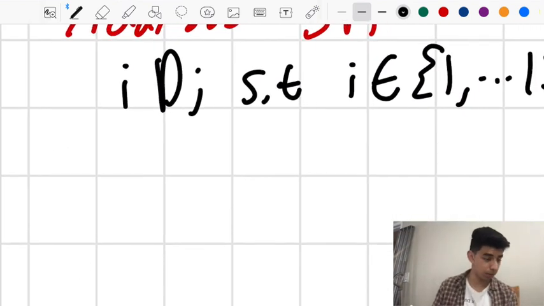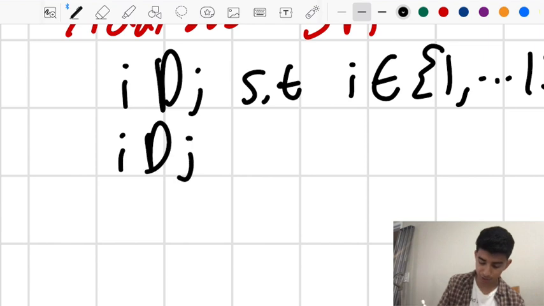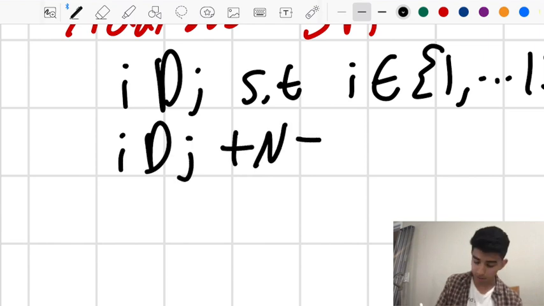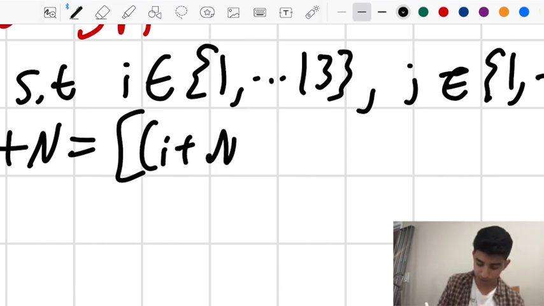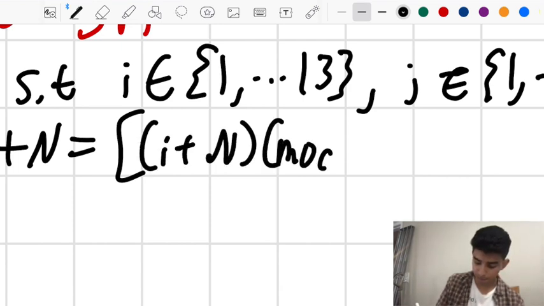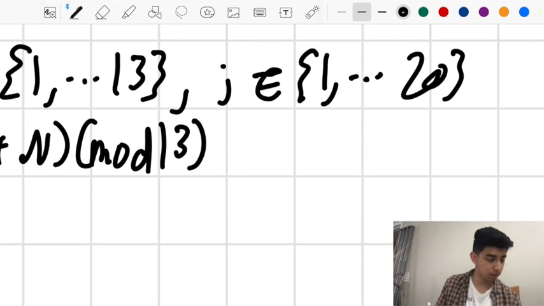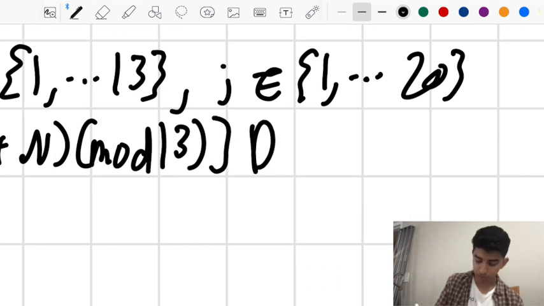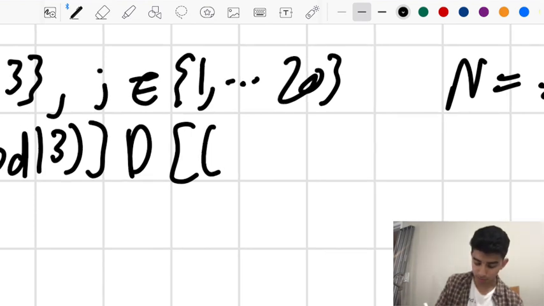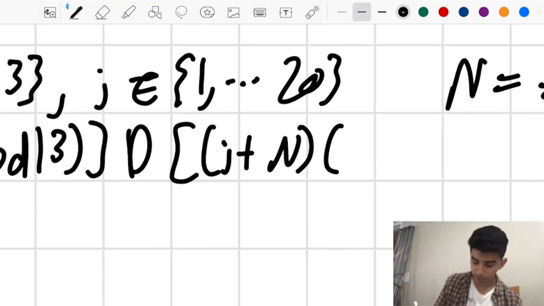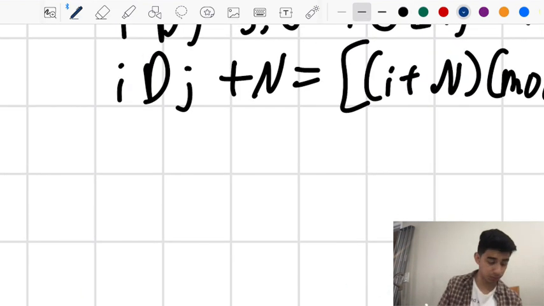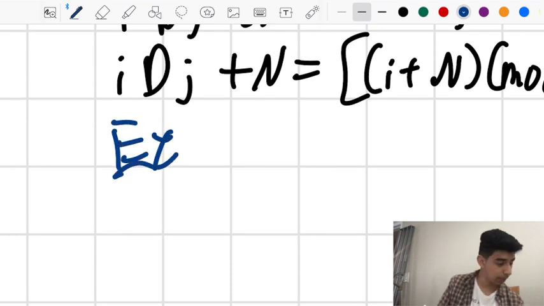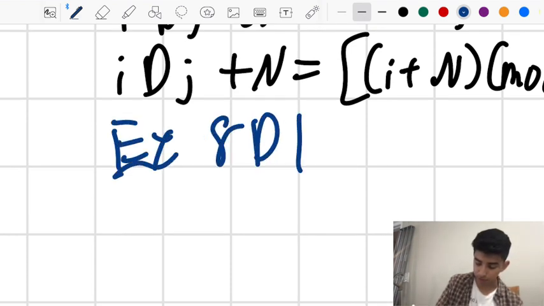We can then calculate that IDJ plus n equals (I plus n) mod 13 D, and the next value will be (J plus n) mod 20.